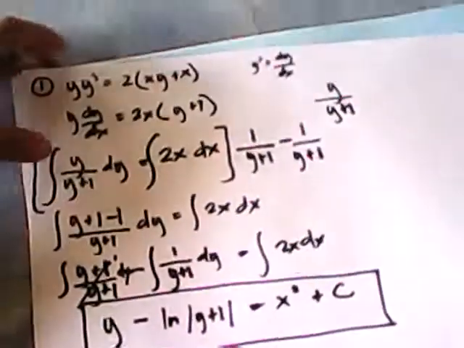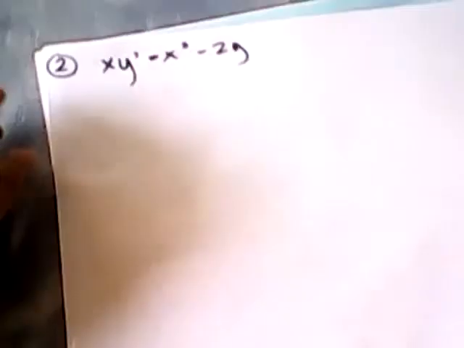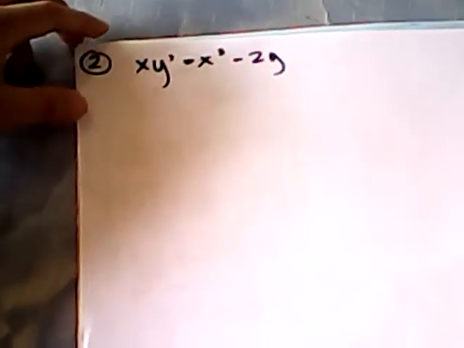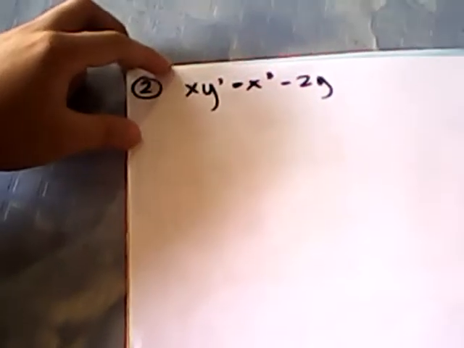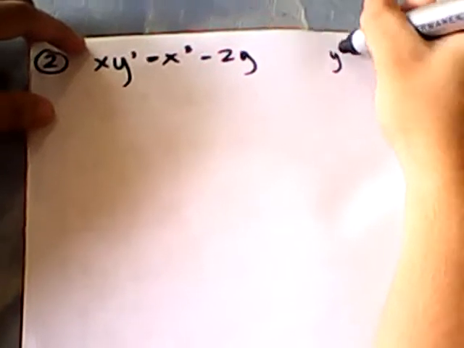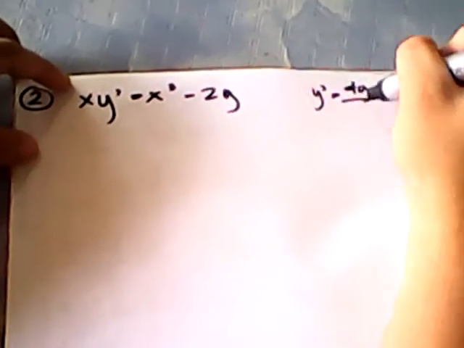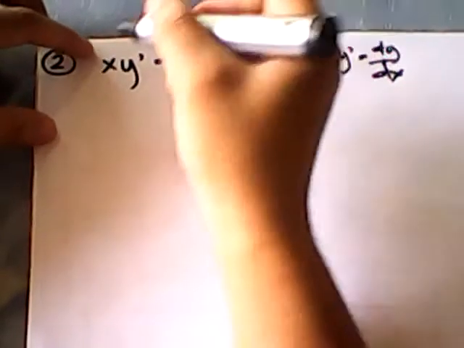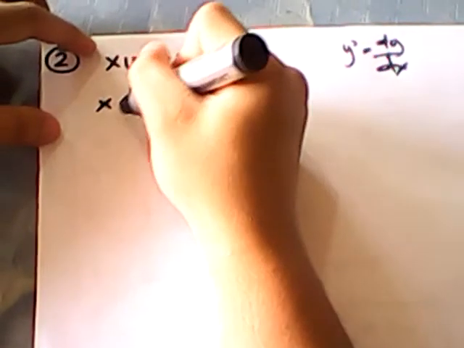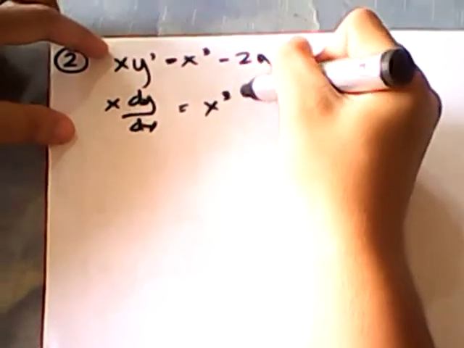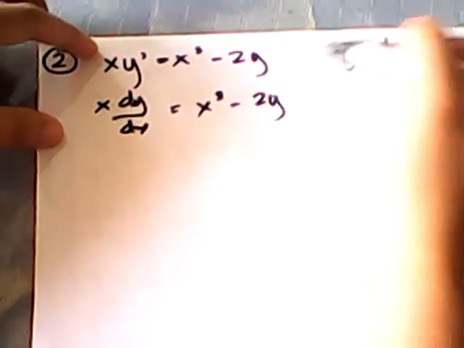Problem 2 is also finding the general equation. The first one is, I'd like to substitute y prime is equal to dy dx. x dy dx is equal to x cubed minus 2y.